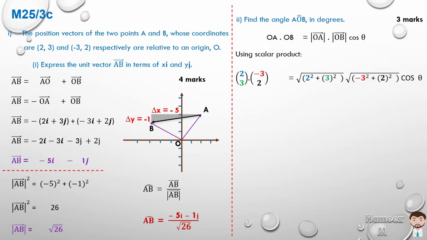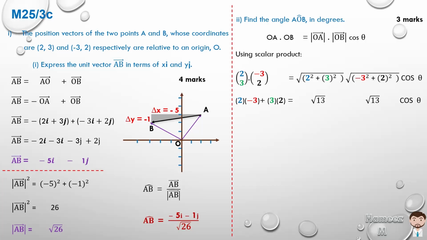If we have (a1, b1) dot (a2, b2), in order to get the scalar product, we multiply the a terms, or in this case, the terms blue and red, plus we multiply the b terms, b1 and b2, or the terms that are in green and black. So it'll be 2 times minus 3 plus 3 times 2. Look at the colors so you can see it.